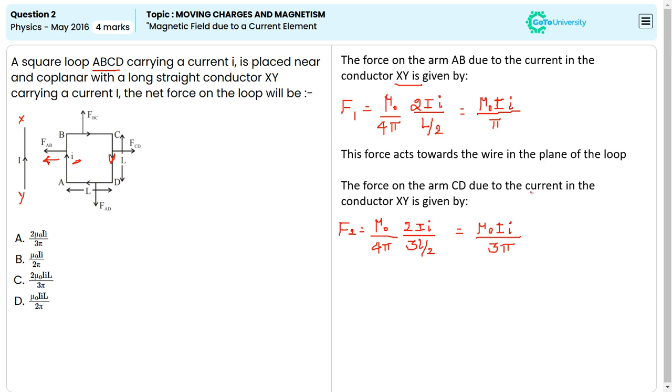This force acts away from the wire in the plane of the loop.